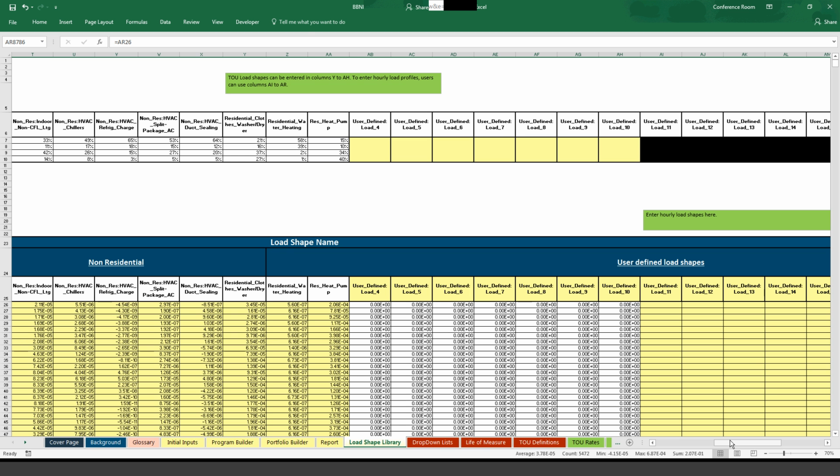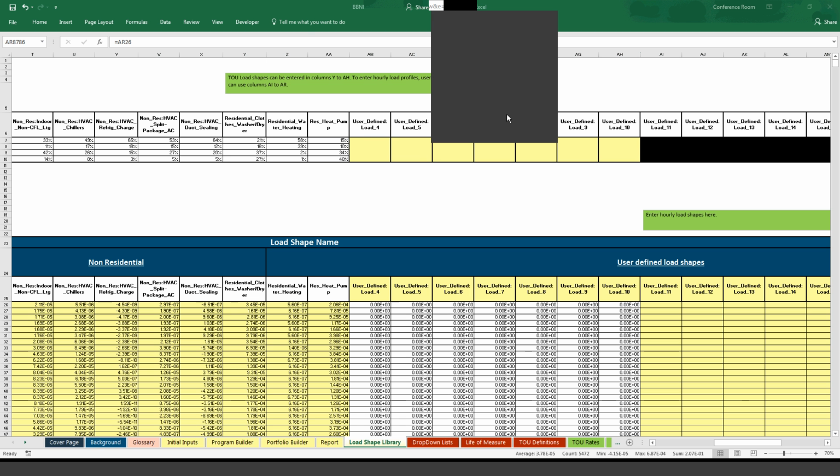Let's see, one more question here. Someone's asking how one would incorporate AMI data to measure the impacts of specific measures. One example is PG&E.